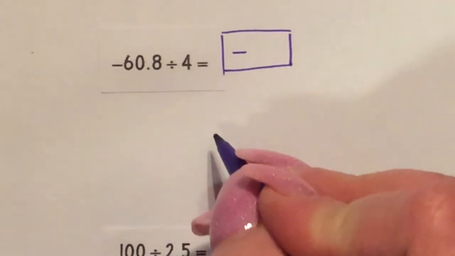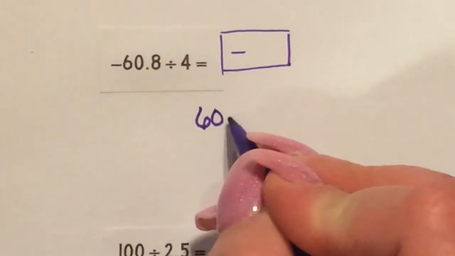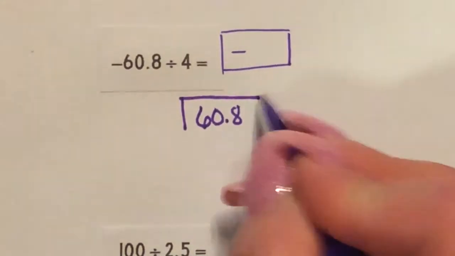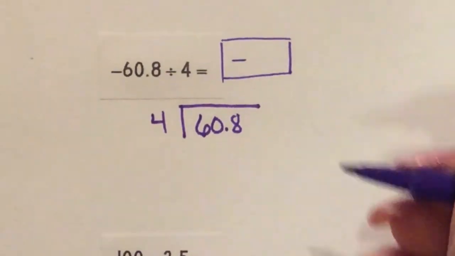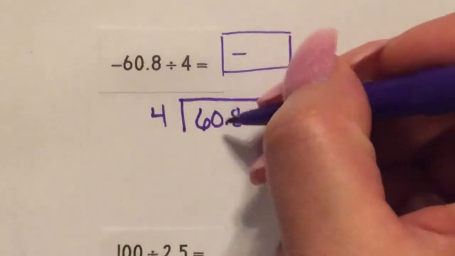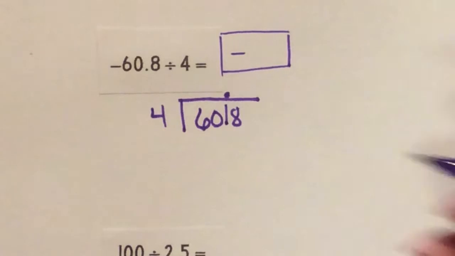So when I write that down, I do think of it this way: 60.8 divided by 4. And then we have, okay, there's no decimal on the divisor, but there's one decimal right here. All we have to do, you see, is we move it up, and then we proceed to divide.